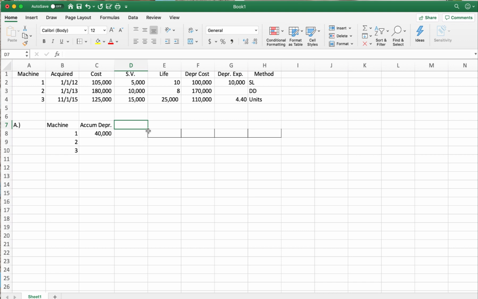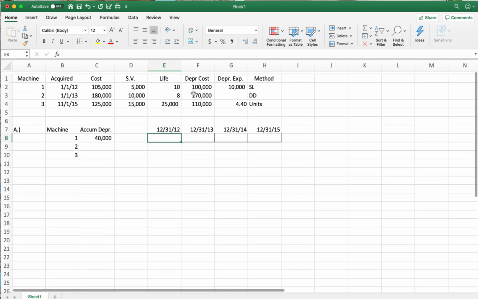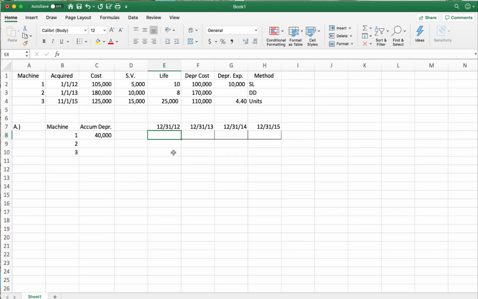We have right here this first block, or first dash, is 1/1/2012. Well, we have depreciation that we need to take for 2012 because that was the first year we bought it. We need depreciation for 2013, for 2014, and also for 2015. Okay? So my depreciation is $10,000 per year.